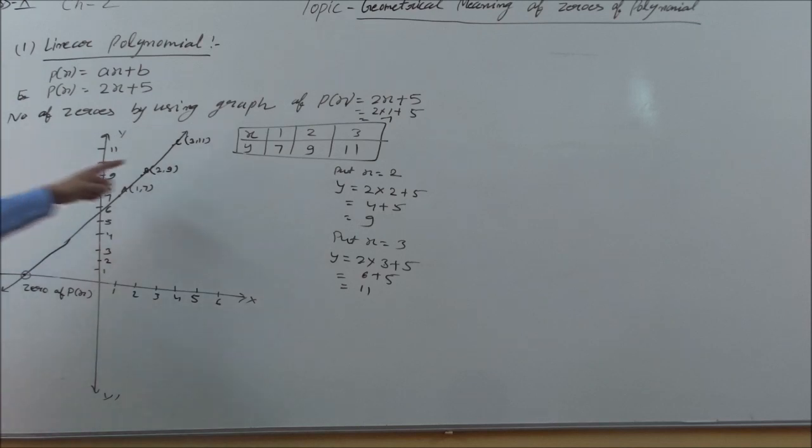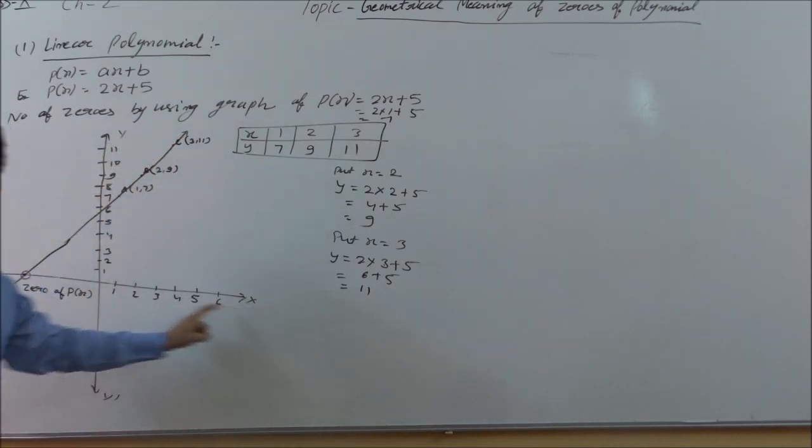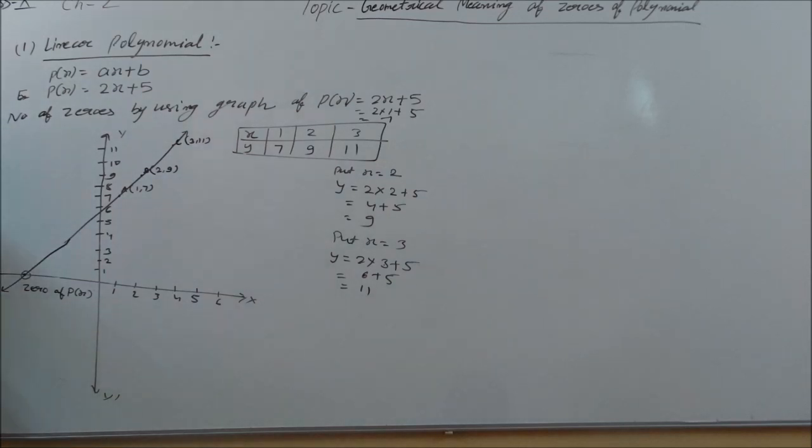It means the graph of the line passes through the x-axis at how many points? Only one point in the case of a linear polynomial. So we will find the coordinate of this point, which is on the negative side.